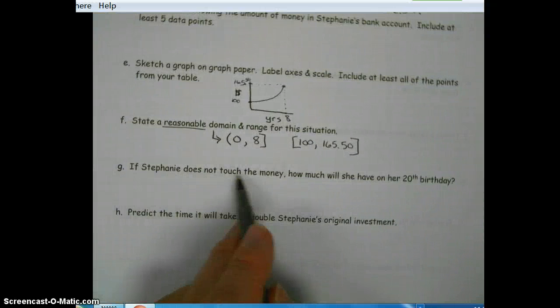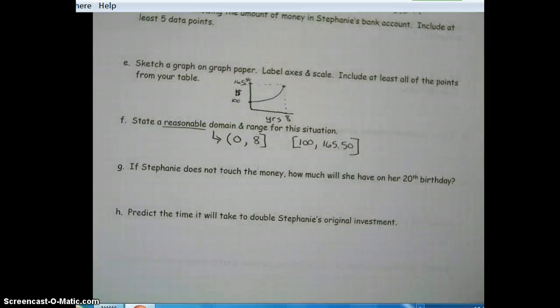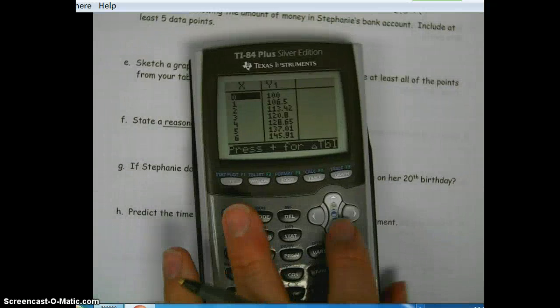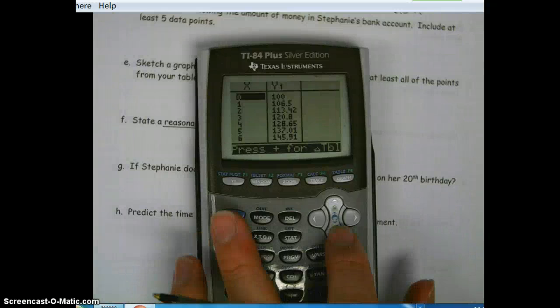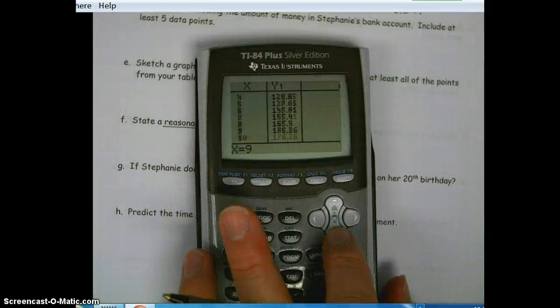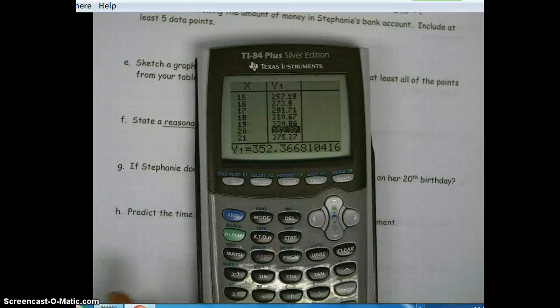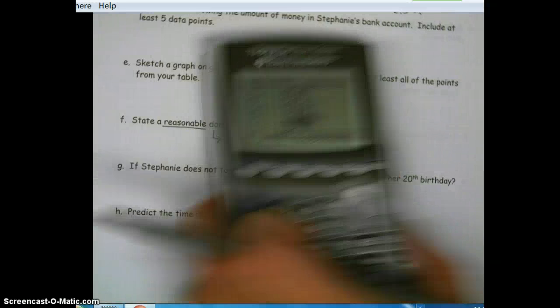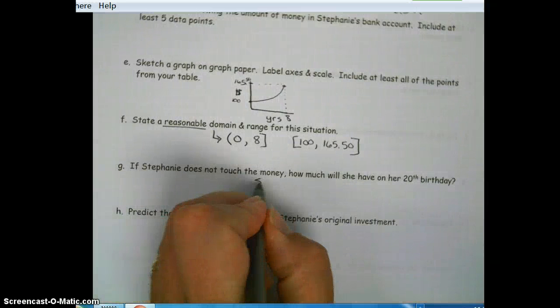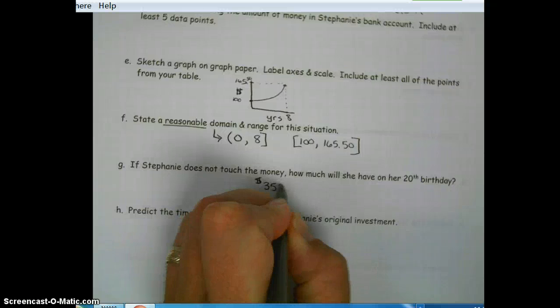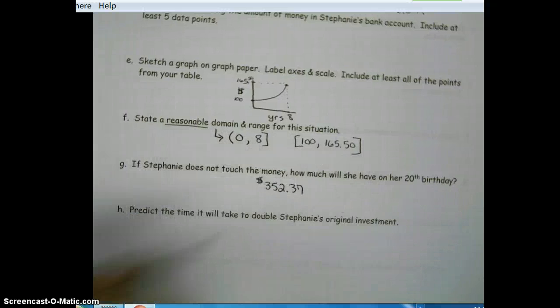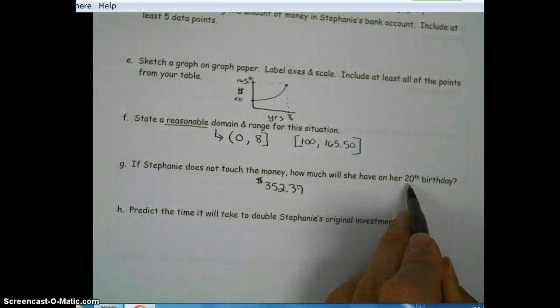If Stephanie does not touch her money, how much will she have on her 20th birthday? Simple way of doing this. You can use your calculator, but mathematicians out there, use the equation. $352.37. 20th birthday, how many years is that? 20 years.